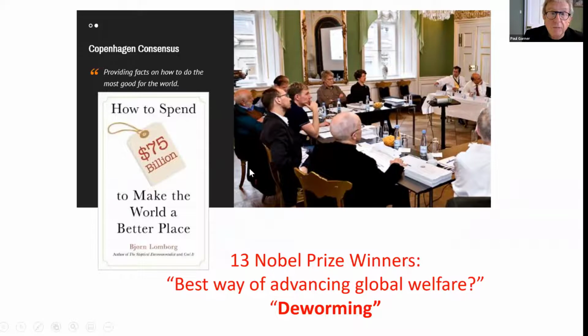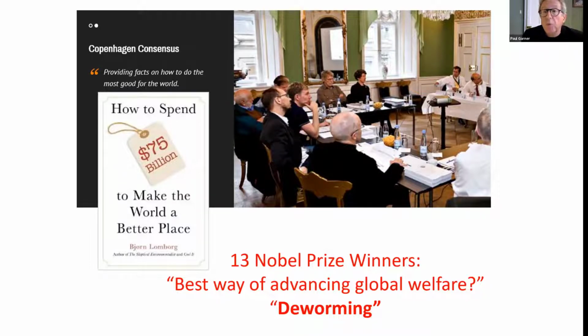The incredibly pretentious event called the Copenhagen Consensus, where Nobel Prize winners come together every few years to decide what's the best way to advance global welfare.